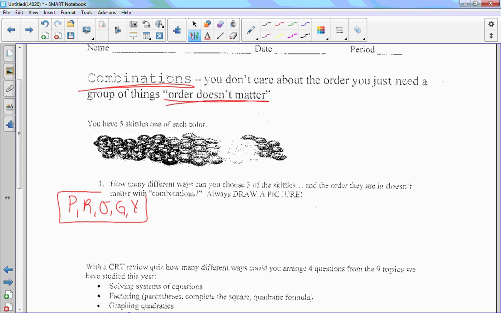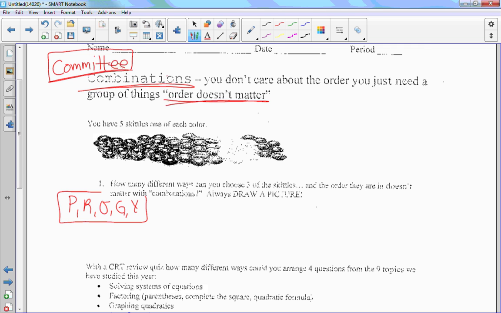It's just a group. It's a collection or a committee, a handful. On a committee, it's just a bunch of people working together. So we reach into the bag and grab a handful of Skittles. By just changing which Skittle got into our hand first, which Skittle got into our hand last, that doesn't matter.